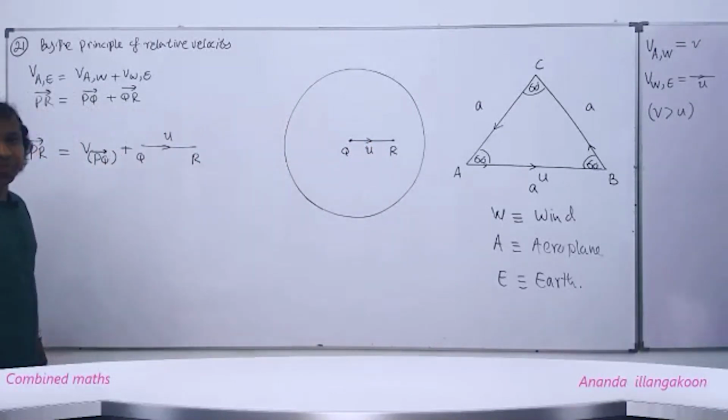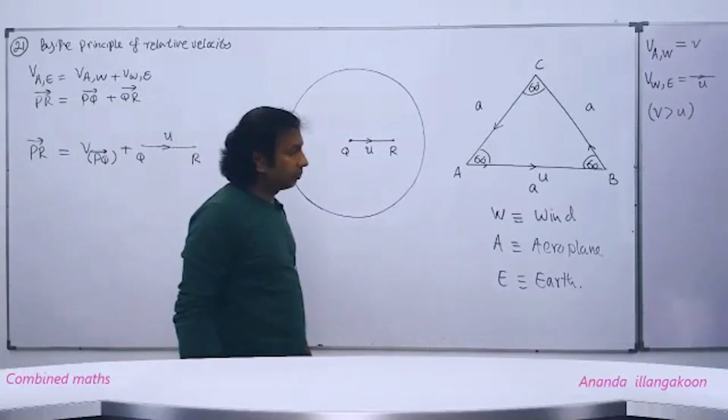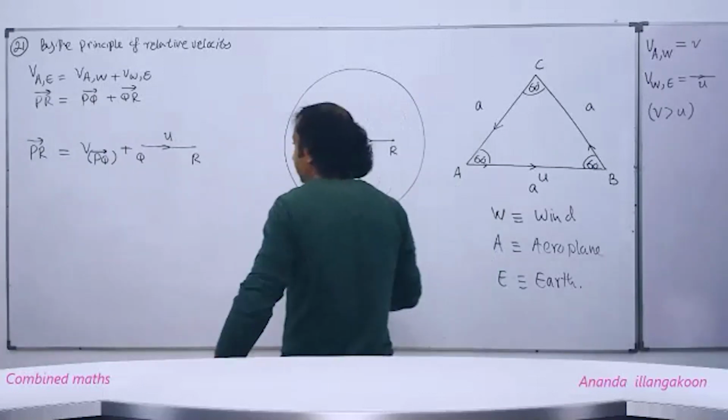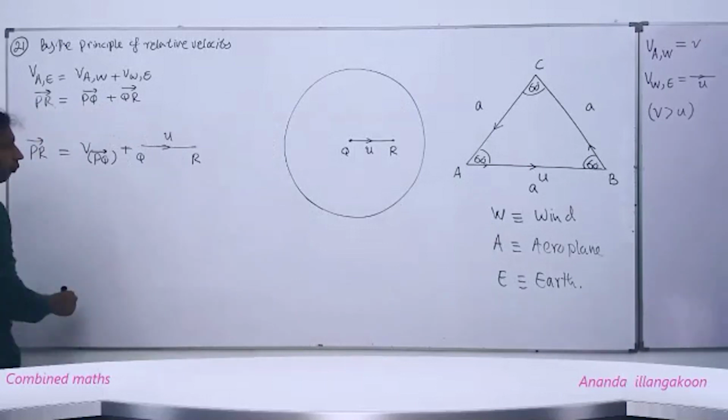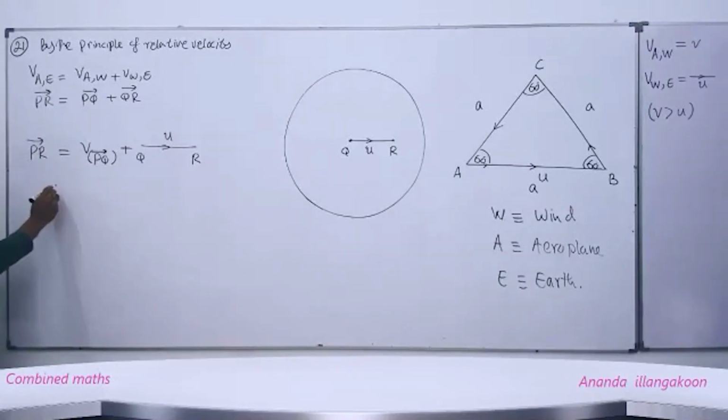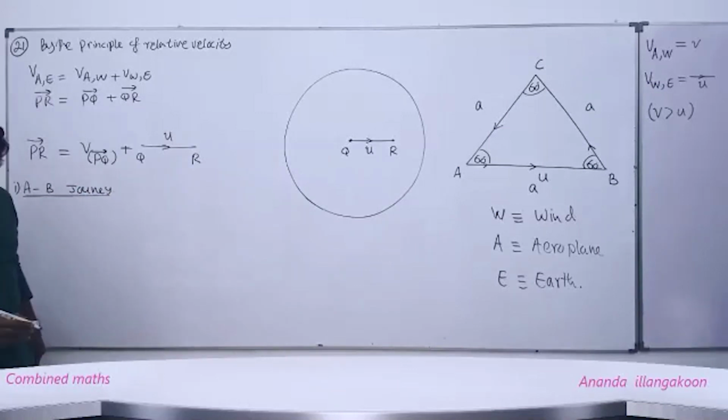Now people, one by one we will come to the journeys, right? Our first one is the AB journey. People, once the aeroplane is moving from A to B, consider its velocity relative to Earth.